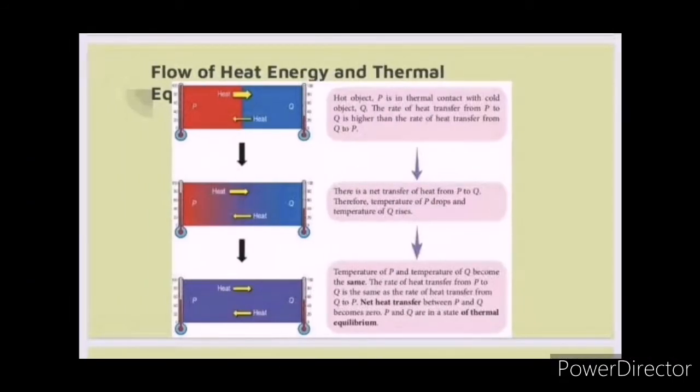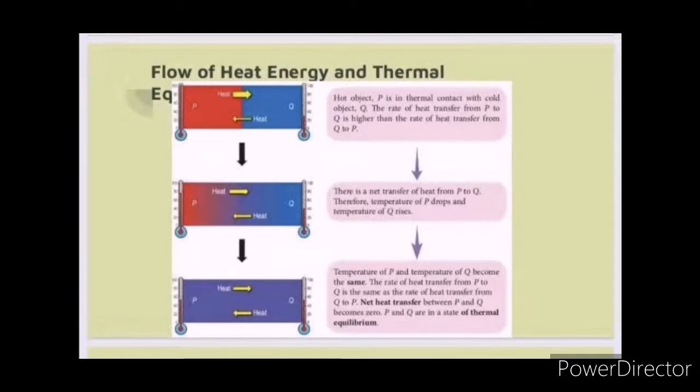Flow of heat energy and thermal equilibrium. Hot object P is in thermal contact with cold object Q. The rate of heat transfer from P to Q is higher than the rate of heat transfer from Q to P. Then there is a net transfer of heat from P to Q. Therefore, the temperature of P drops and the temperature of Q rises.